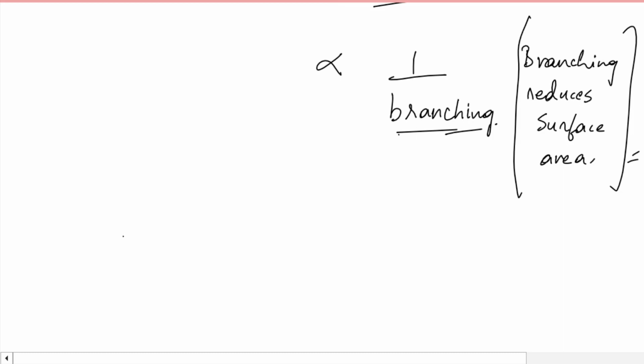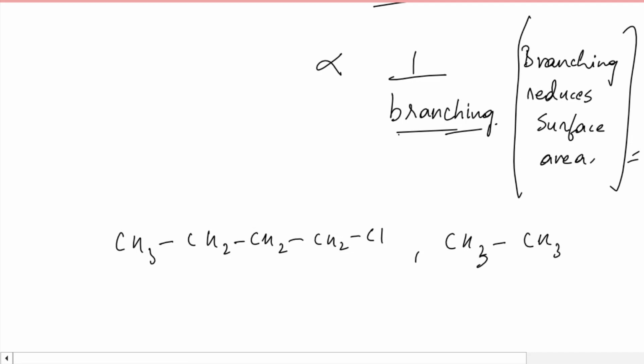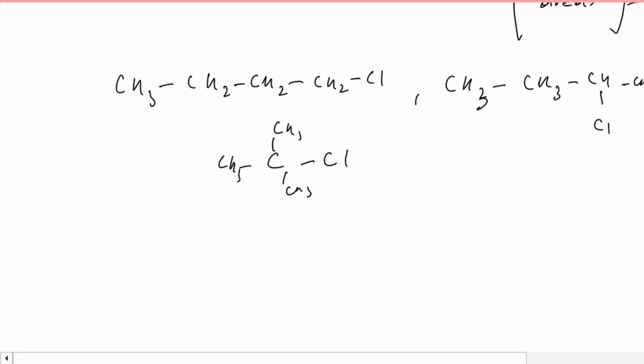Now let us have a look at butyl chloride, secondary butyl chloride, and tert butyl chloride. In these three compounds, the branching is maximum in case of tert butyl chloride.